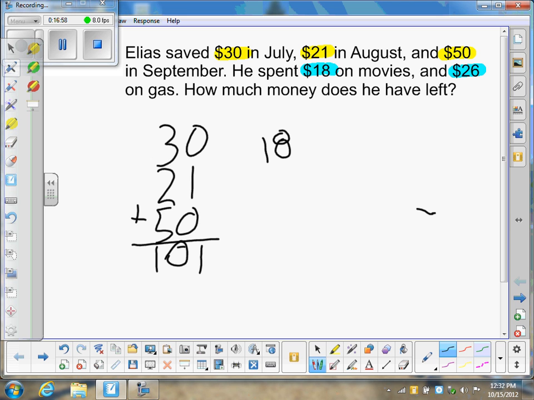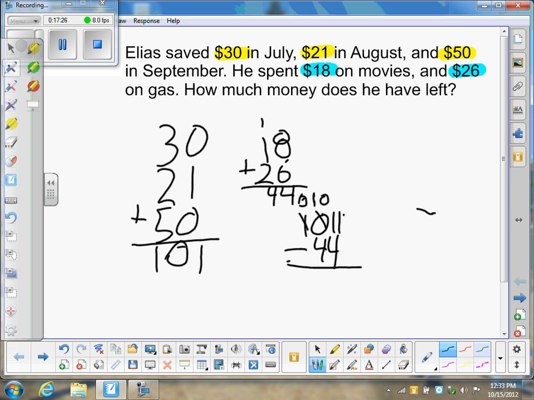Next, step 2, you'll add 18 plus 26, which is how much money he spent. Okay, and step 3 is to subtract 101 from 44. Now you've just done multiple step problems.